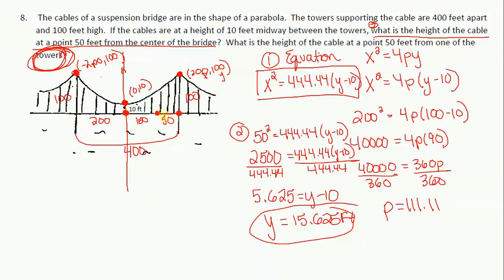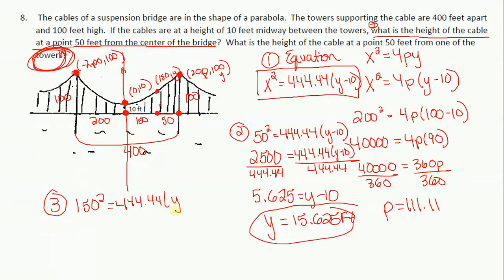Because this isn't the origin over here. This is the origin. So actually, this ordered pair right here is 150 comma some y value. They want to know the y value. So what I'm going to do is plug in 150 feet for my x so I can find my y.